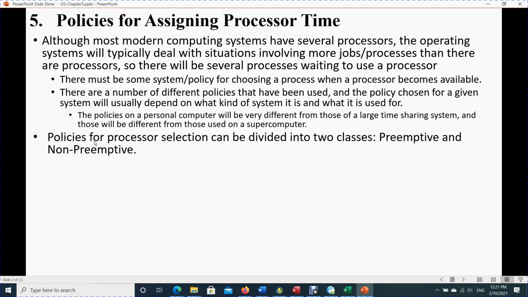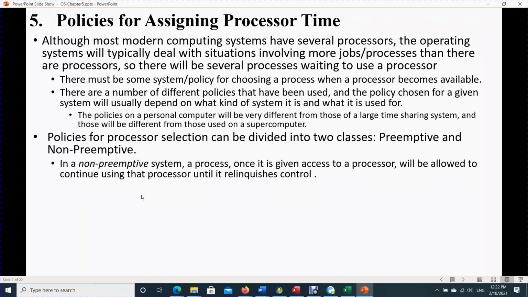There are generally two classes of processor selection types: preemptive and non-preemptive. In non-preemptive systems, once a process starts executing, once it's assigned to a processor, it keeps using the processor until that process relinquishes control.